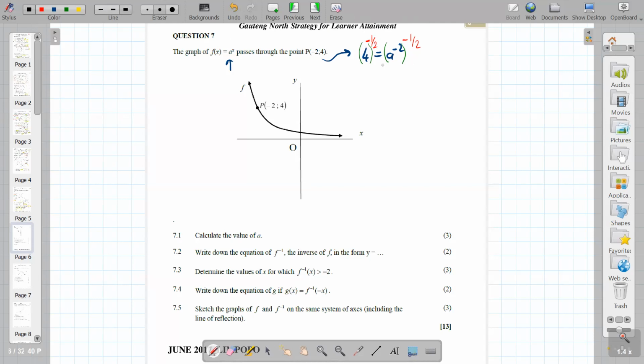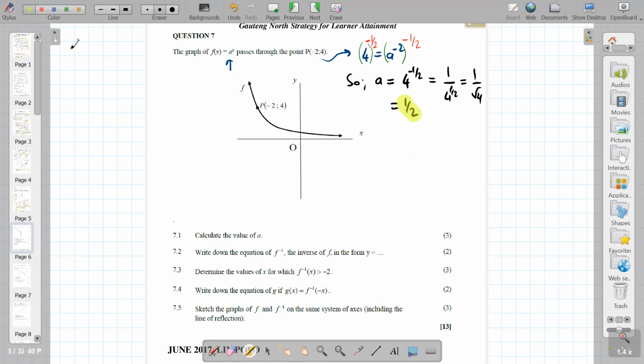So then I can tell you a is 4 to the power of -1/2. You can use a calculator. It will give us 1/2, or you can just say it is 1/4 to the power of half, which is 1 over √4, which is 1/2, whatever you say. So you will get the answer 1/2 for a. Or there could be many different ways.